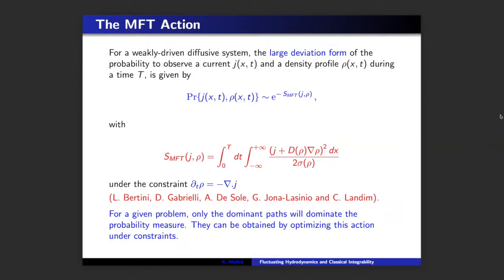So typically, to solve some given problem, and I will give you a few examples during the talk, only the dominant one matters, because it's exponentially rare, so there's only one which dominates. So it's really an optimal path problem, an optimal fluctuation problem. And what you have to find is the optimum of this action, and this will dominate the statistics because it's exponentially more probable than the others.